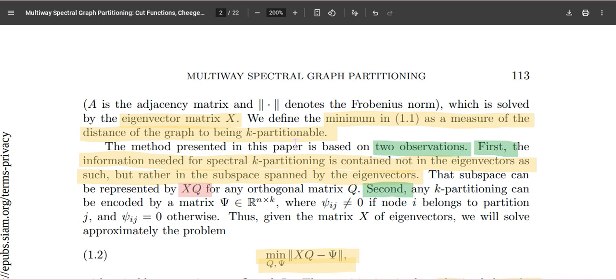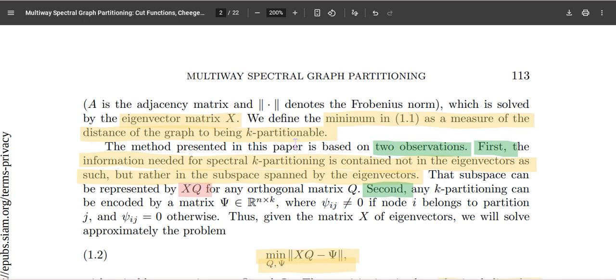On this formulated problem we have two observations. One is that the information for k partitioning is contained not in the k eigenvectors themselves, but in the subspace formed by the k eigenvectors.